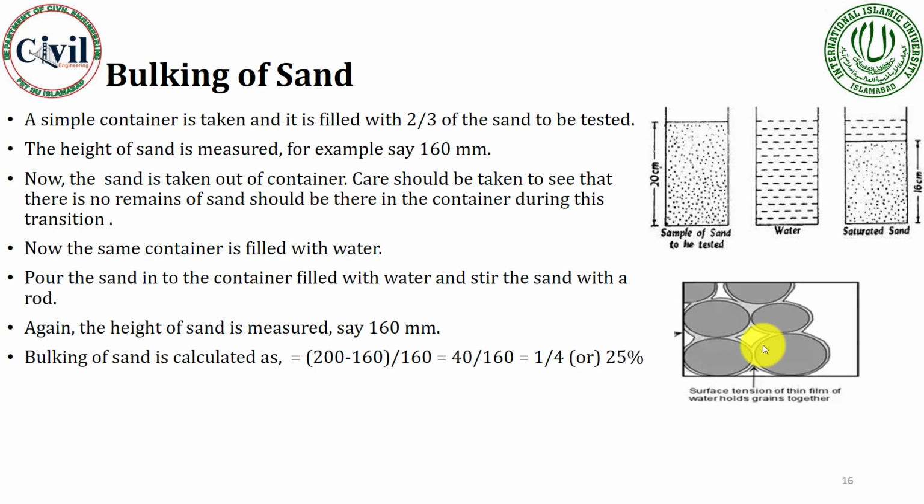So how can we determine the bulking? There are two procedures. The first one is that the sand is exposed to some specified moisture content. For example, if you don't know the water content or water absorption of a sand, arbitrarily 5 to 6% water is added into the sand overnight, and that sand is placed into a cylinder to measure its total volume.